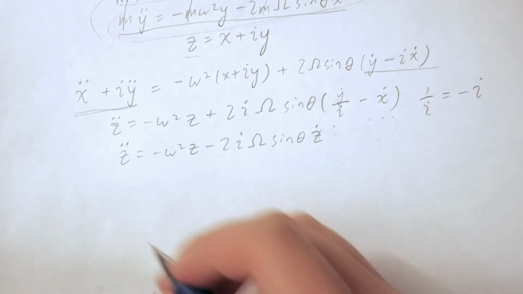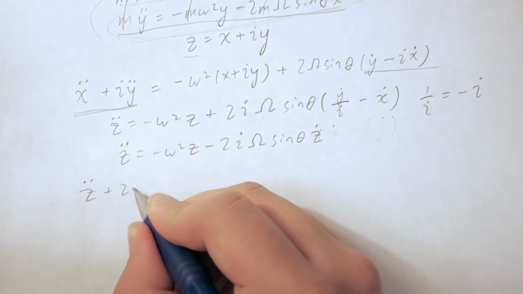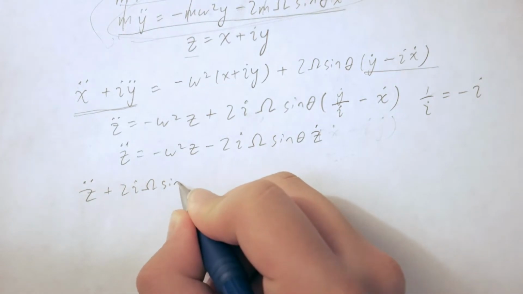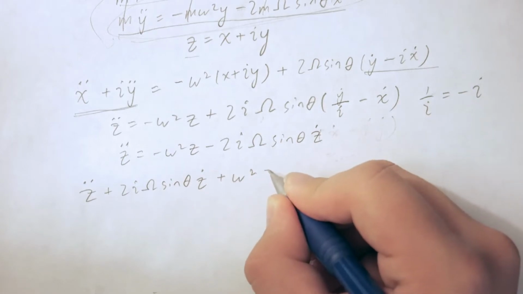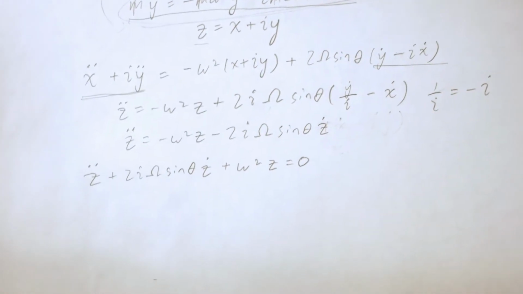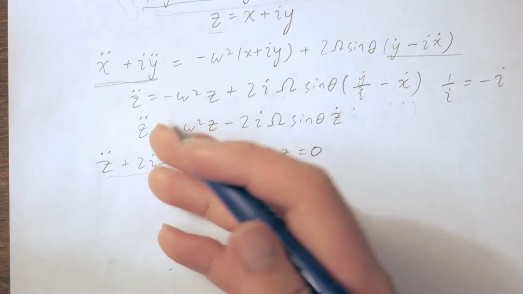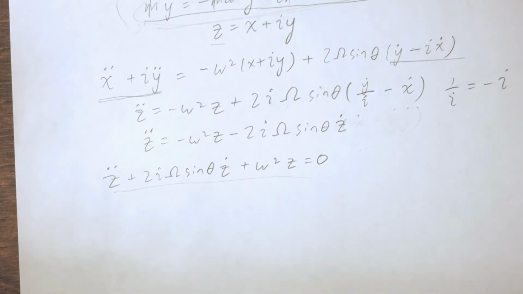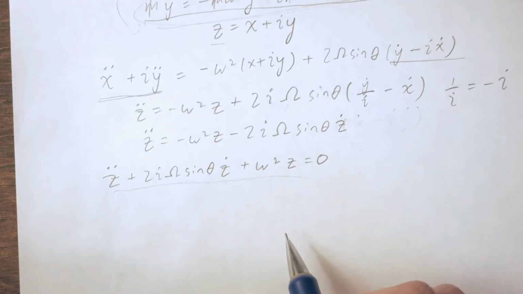And now we can rearrange the terms to end up with this nasty differential equation. So this is what we call a linear homogeneous differential equation.